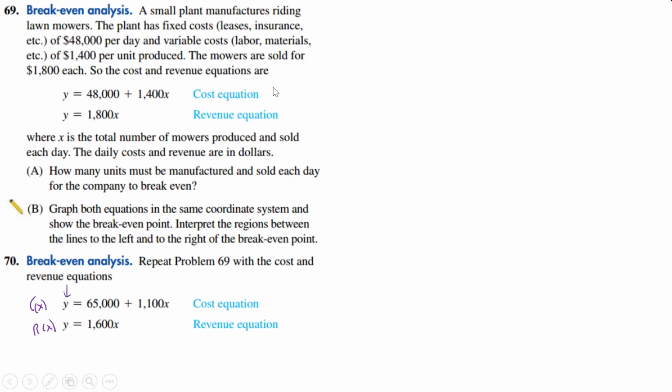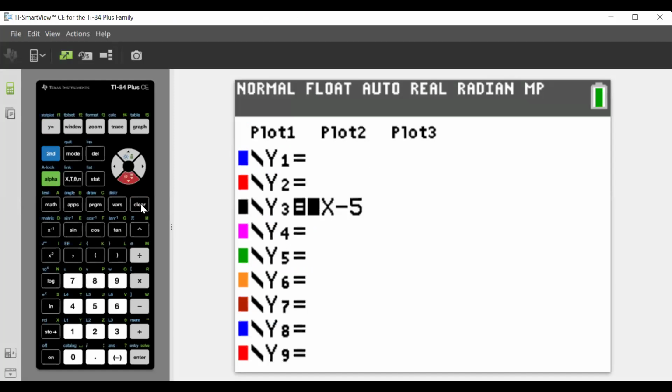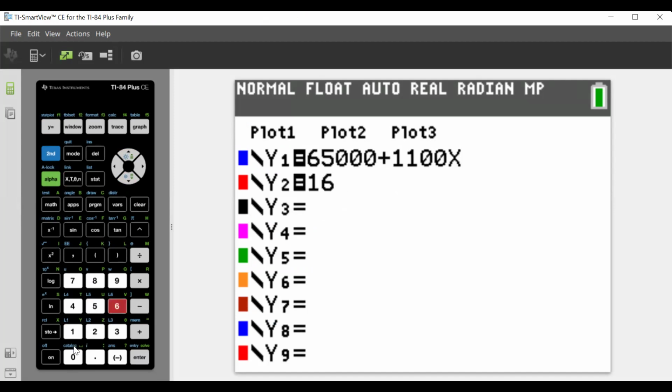So let's go back to our calculator. Now we need to clear all these out. Our first equation, we have 65,000 plus 1100x. And our other equation was 1600x.